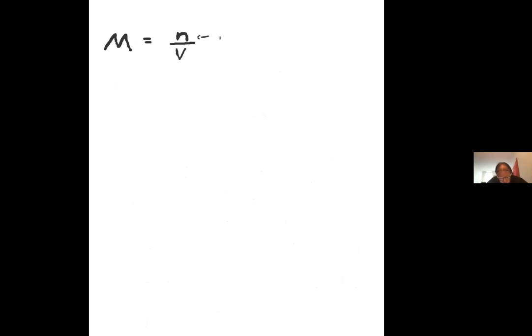So this has to be in moles, this has to be in liters, and then this is molarity. The reason I find that useful is because if you know two of them, you can calculate the third very easily, right? So it's analogous to density equals mass over volume. That's an easy equation to use. So you can kind of use this one in the same way, okay?